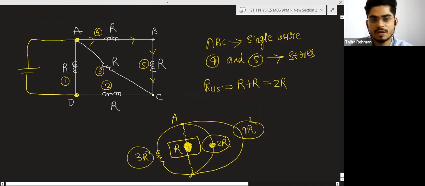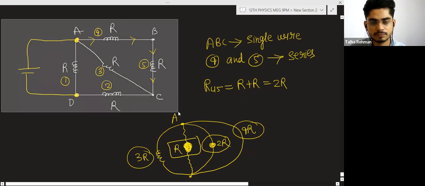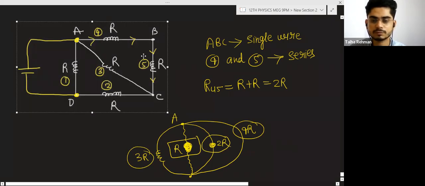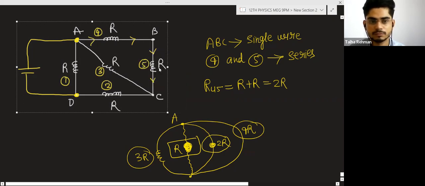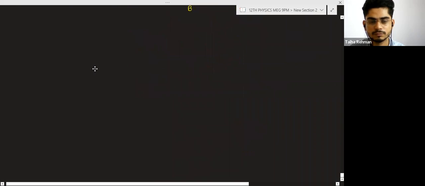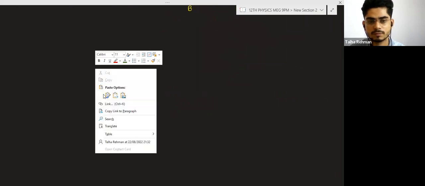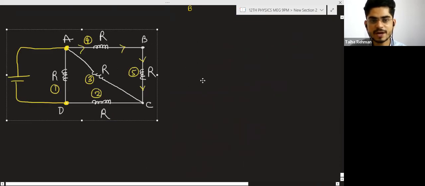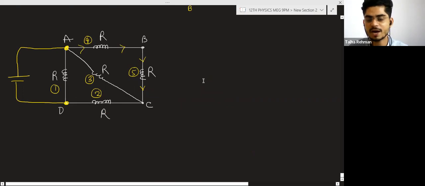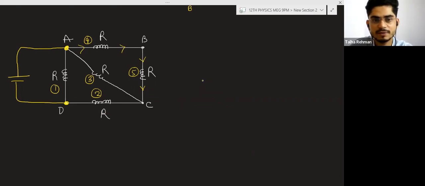So by the way, I'm just modifying this circuit. Now instead of 4 and 5, we have R45, that is 2R.